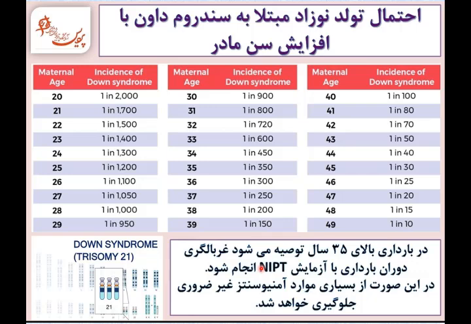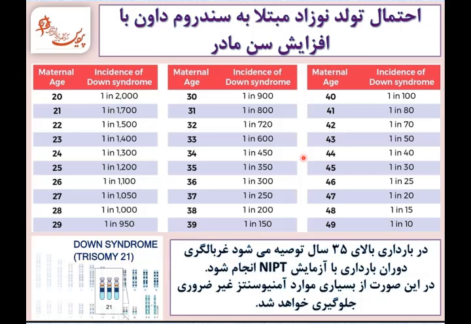In this chart, you can see at age 20, 1 in 2,000 for Down syndrome. Age 35 is 1 in 350. And at 40 years old, 1 in 100.